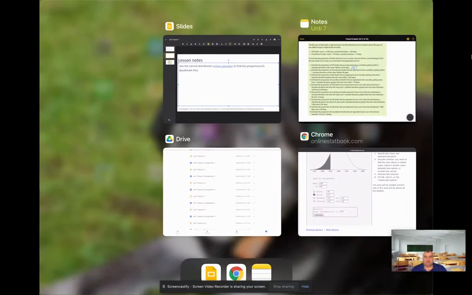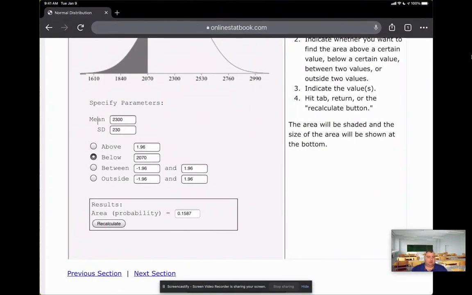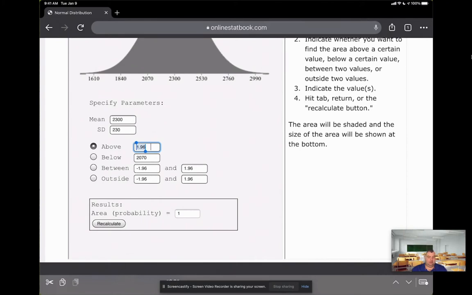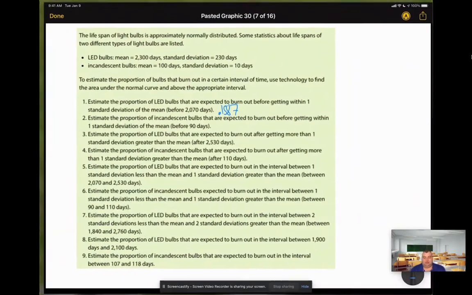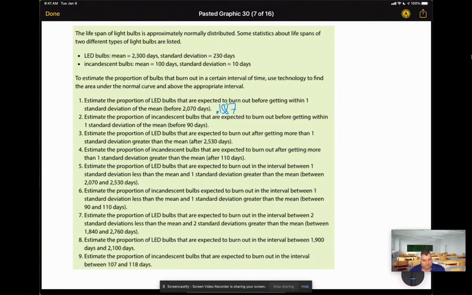The only thing that's going to change is the last part. So we want after 2,530. So I'm going to go to above, and I'm going to type in 2,530. And when I calculate, coincidentally, I get the same answer of 0.1587. So that is the answer to number 3.